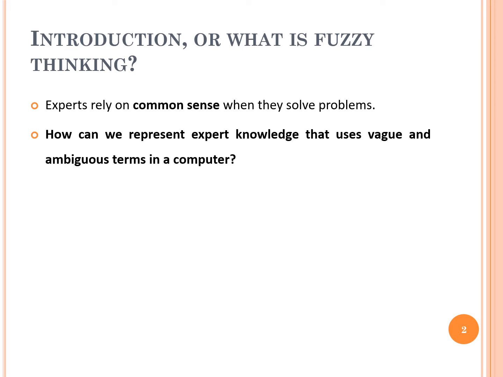We want to apply it in the computer. How do we get the expert knowledge from the expert, and this knowledge is actually vague and ambiguous? We want to put it in terms of the computer.